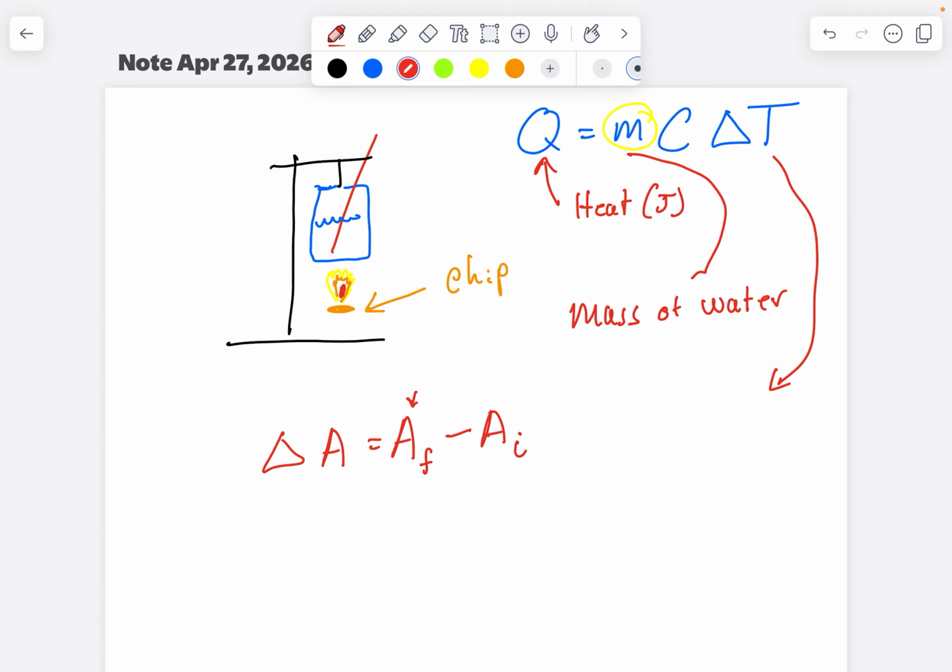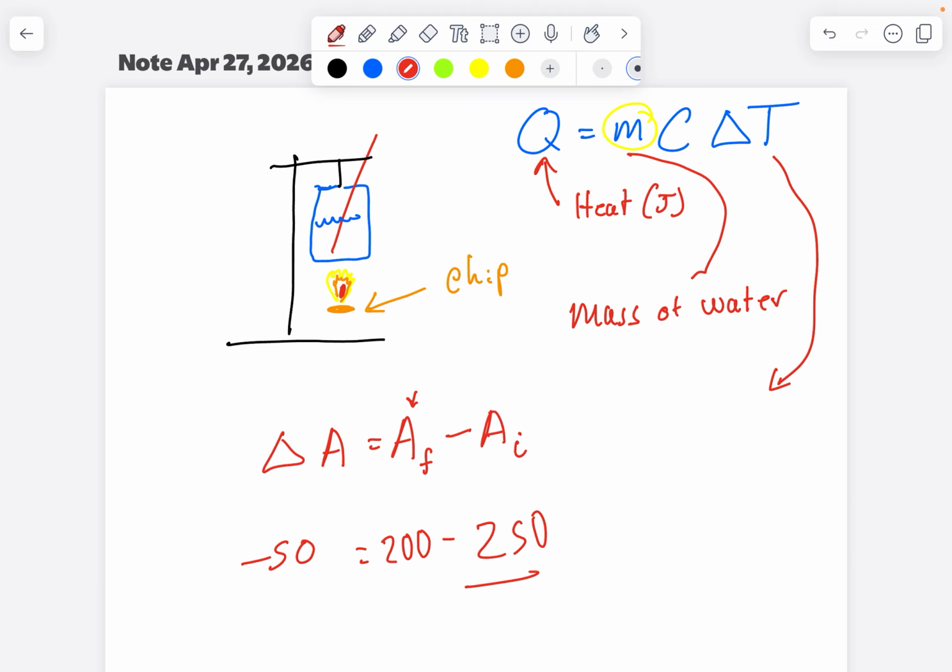If something is shrinking and A final is smaller, you're going to have a negative answer. For example, if we start out with an initial of 250 and wind up at 200, then the difference is negative 50 because this side is bigger. So that's how it works.